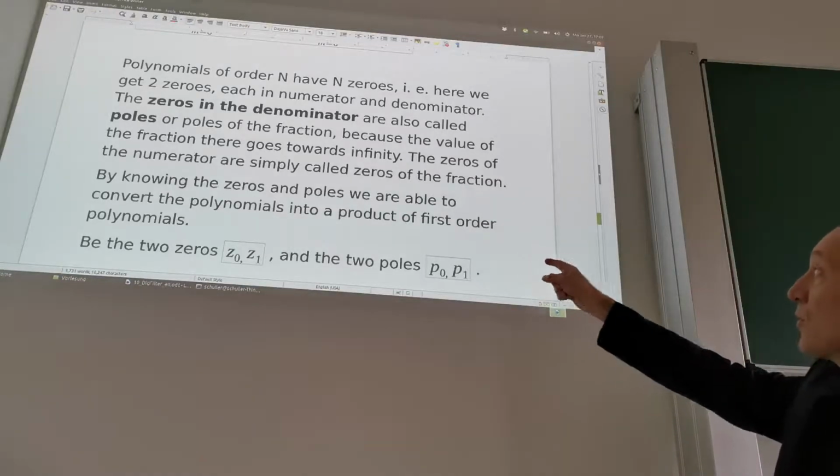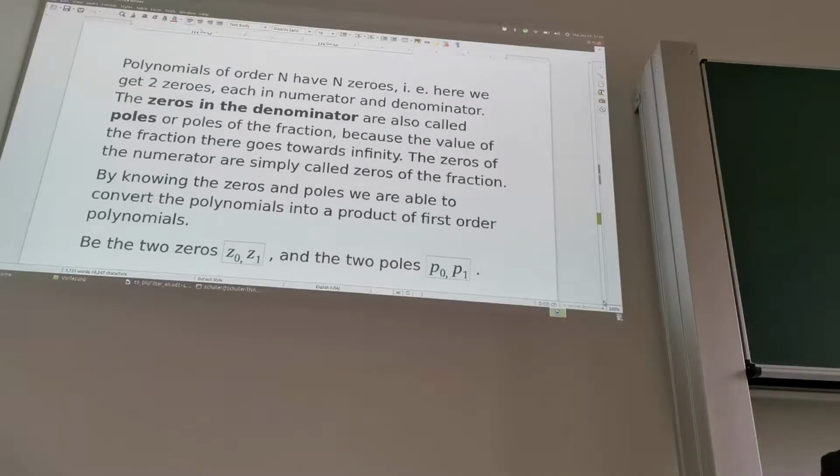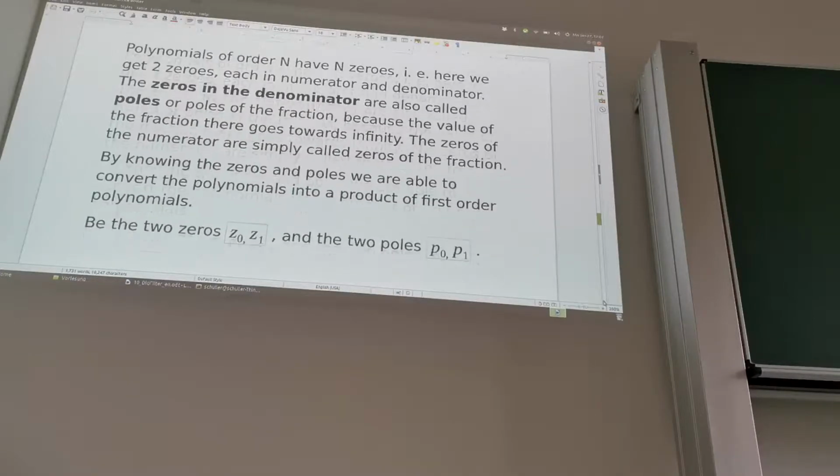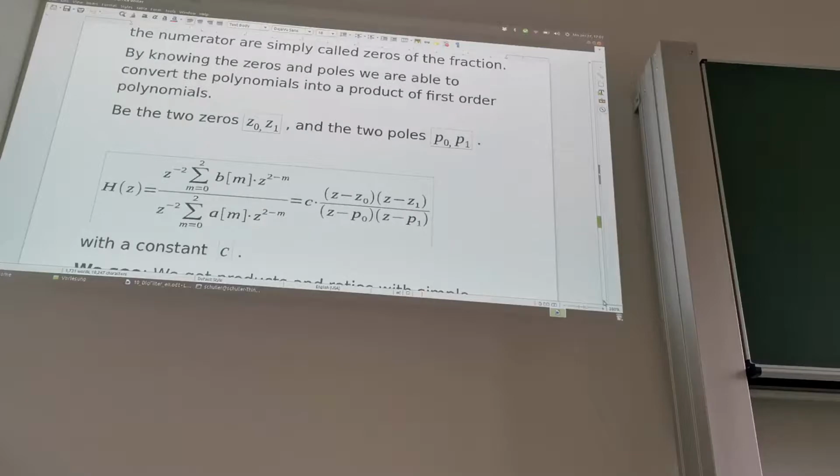So by knowing the zeros and poles, we are able to convert the polynomials into a product of first order polynomials. Right. So assume we have those 2 zeros for the numerator, z0 and z1, and the 2 poles, p0 and p1.